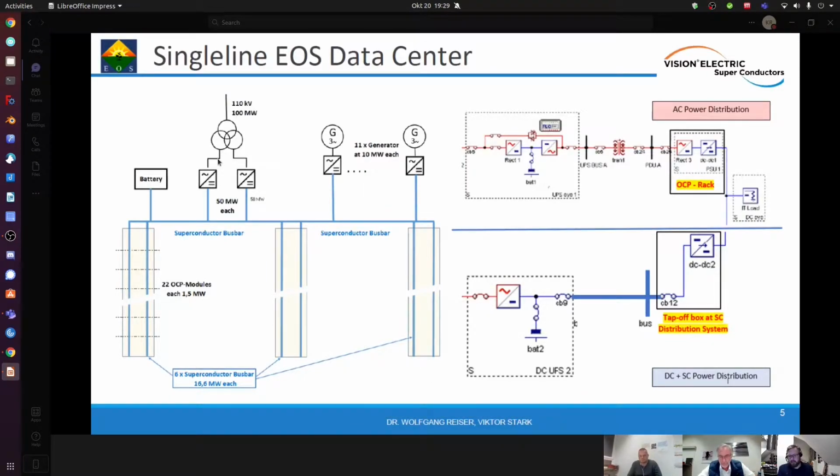For big pharma, those are relatively standard items, although they are new to the data center world, correct? Yes, but the aluminum industry, for example, as you mentioned them, they are running 24 hours, 365 days a year continuously.